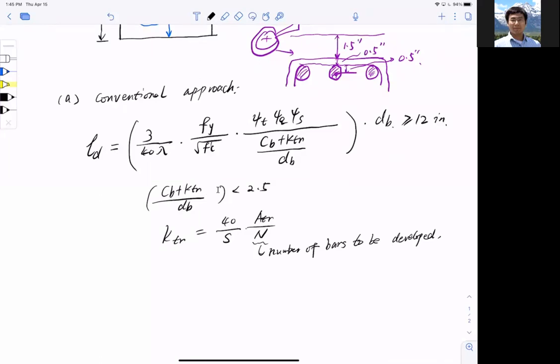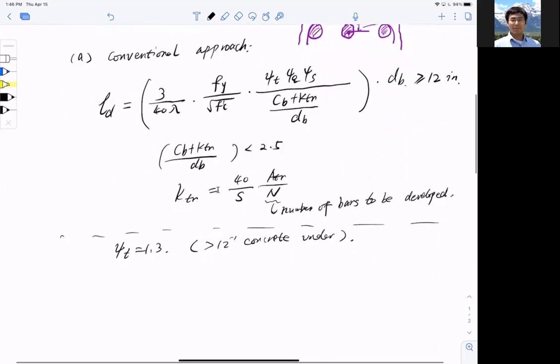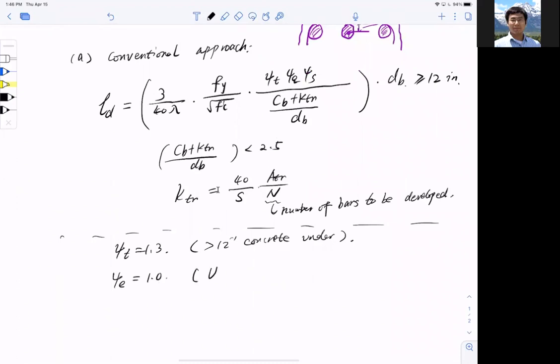So take a look at the coefficients first. Psi t, we know, is 1.3 since there is more than 12 inches of concrete underneath the bar. And psi e, I say, is 1.0 because it's uncoated, bare bars.